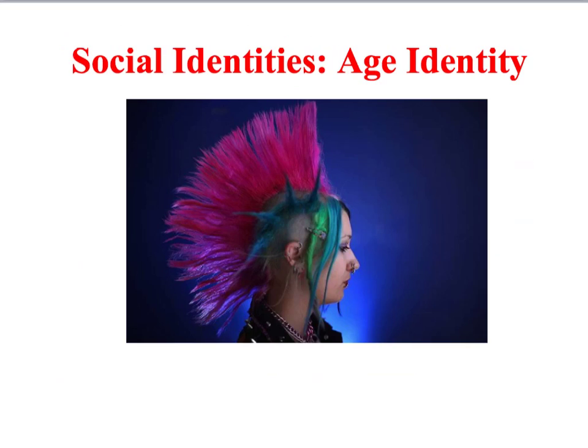Age is another aspect of social identity studied by sociologists. And sociologists would argue that we shouldn't simply see age as a biological concept. Age is also socially constructed, so it's shaped by our culture and our society. People experience the aging process in different ways depending on the cultural context. And later on in the course we'll be looking at youth culture in a lot more detail.